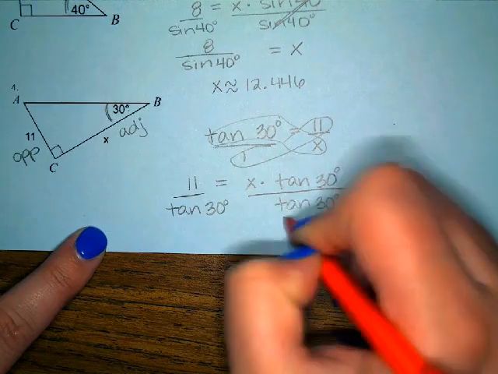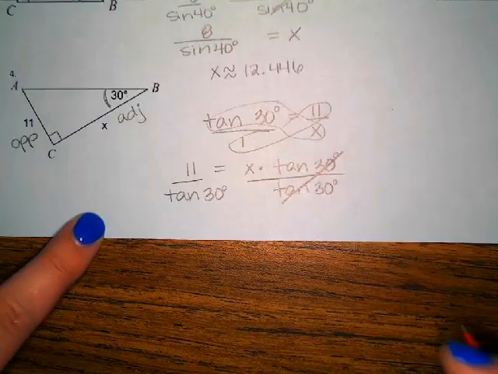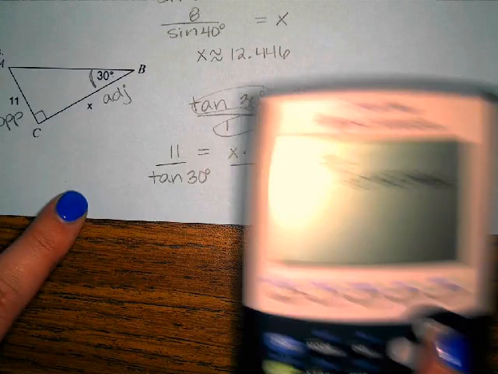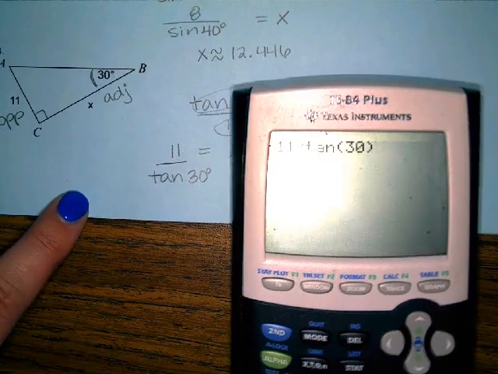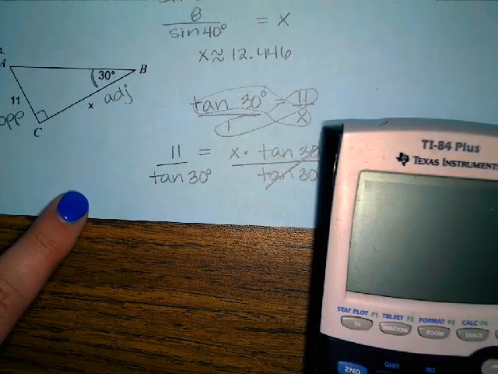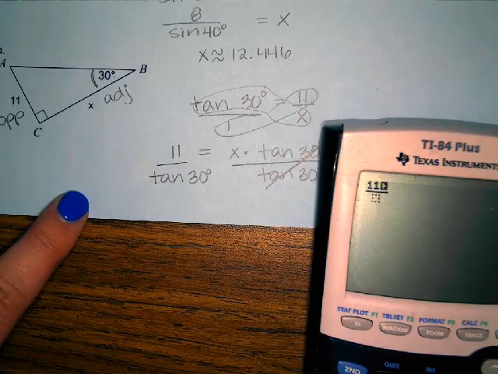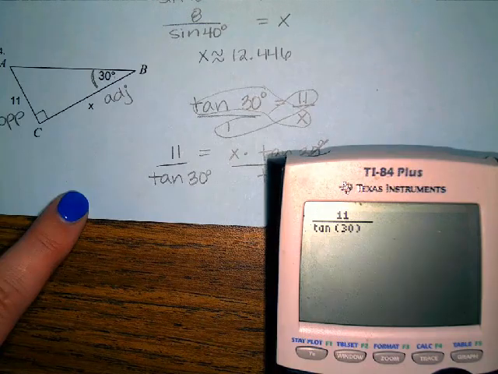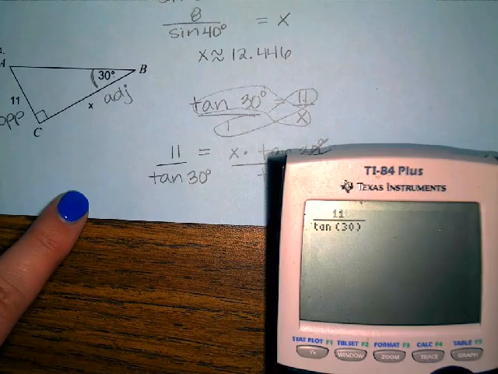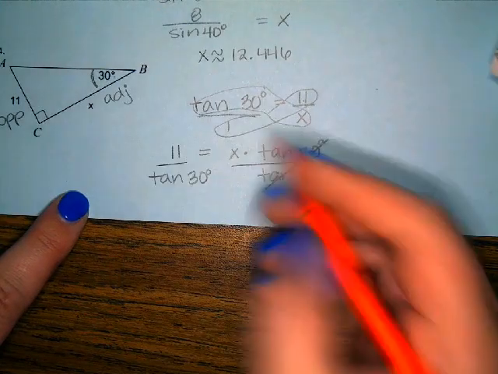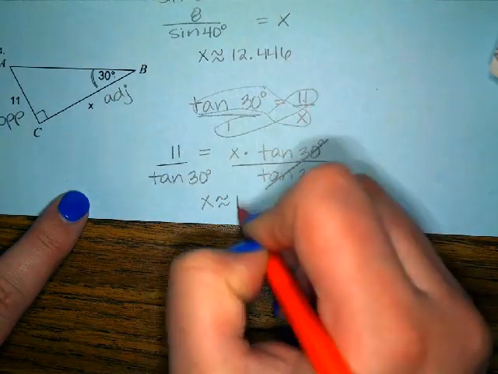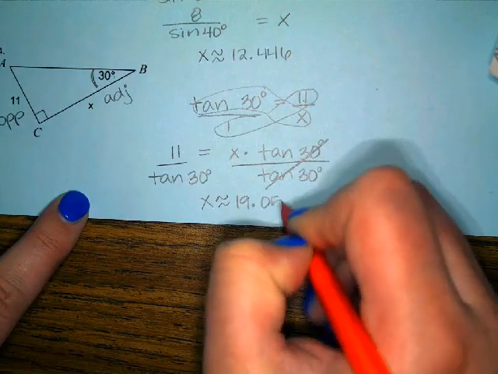Okay, and it's ready to plug into the calculator. We can do 11 divided by tan 30, or we can type it in like a fraction, with 11 on top, tan 30 on the bottom. 19.053. Perfect.